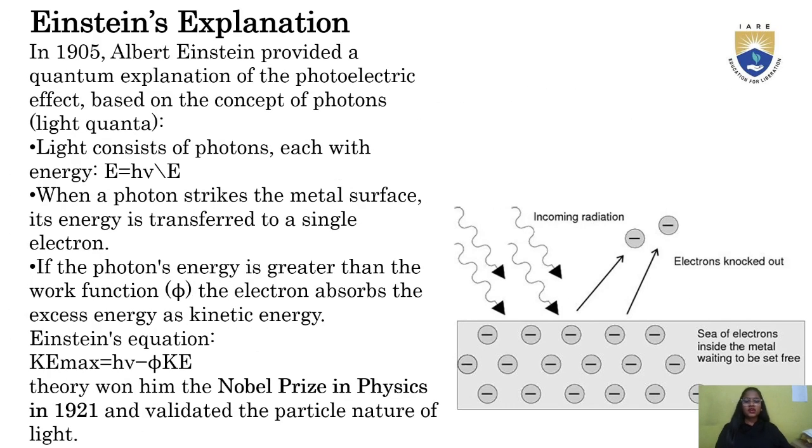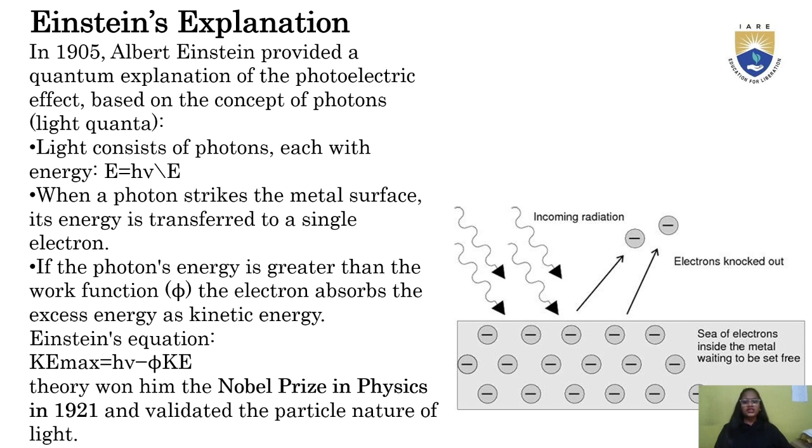Now let us look at Einstein's explanation in 1905. Albert Einstein provided a quantum explanation for the photoelectric effect based on the concept of photons, or light quanta. Light consists of photons, each with energy E equal to h nu. When a photon strikes the metal surface, its energy is transferred to a single electron.